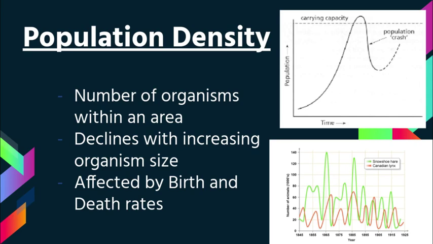The bigger the body size, the more space those organisms need. So if we had 1,000 mice in an ecosystem, you wouldn't see 1,000 coyotes. You couldn't. There just wouldn't be enough space for all of that. There wouldn't be enough resources for that.